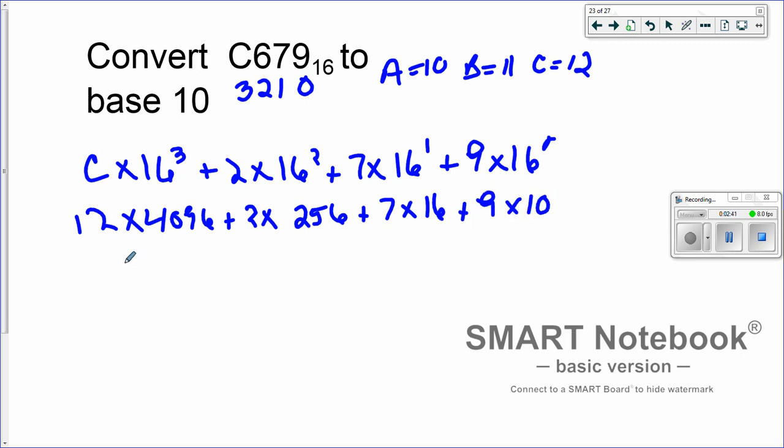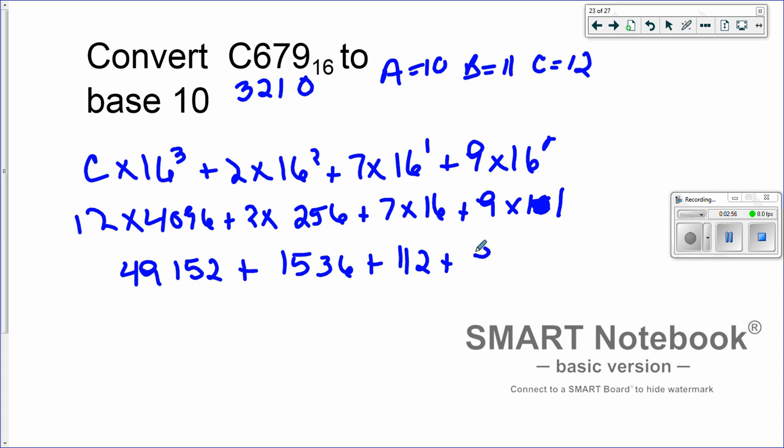So now when I multiply, I got 49,152 plus 1536 plus 112 plus, that's not 9, that's 1. Sorry. And that would be 9. And 50,809. What would it be if I didn't make at least one mistake? Come on. Okay, so that would be 50,809. Okay, that would be your answer.